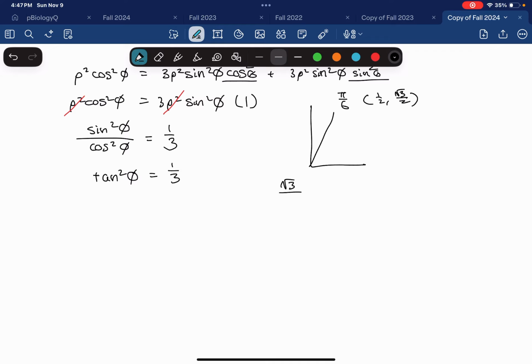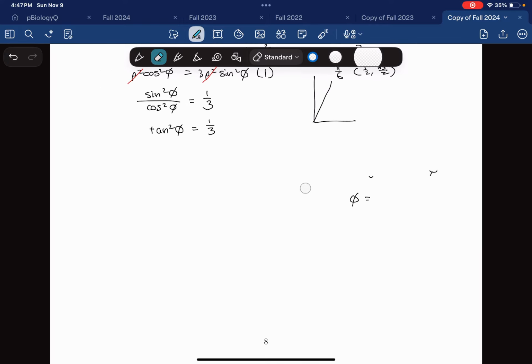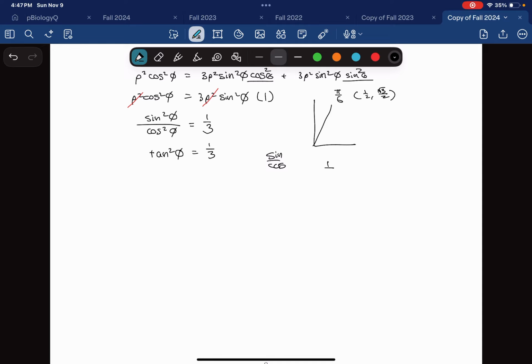So if we do that, sine over cosine gets 1/2 times 2 over square root of 3, so you get 1 over square root of 3, which translates to square root of 3 over 3.